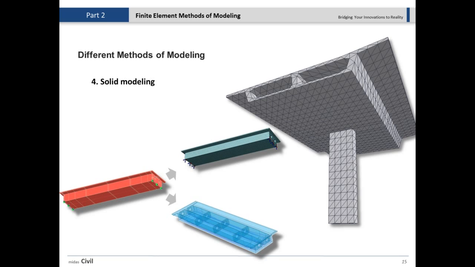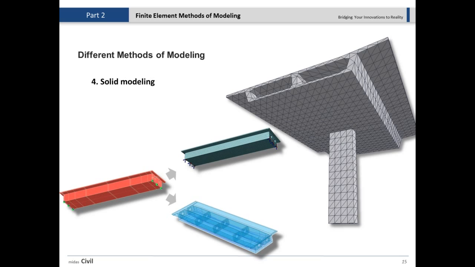And finally, we can use solid elements, depending on the project that we have and the output that we expect to receive. We can model post-tension bridges with solid elements.